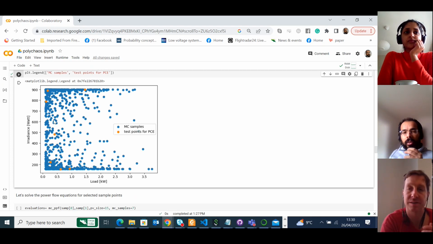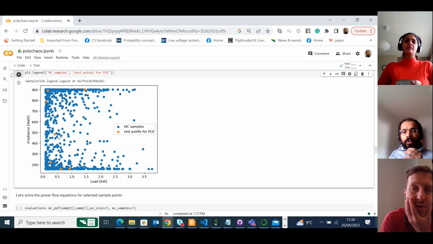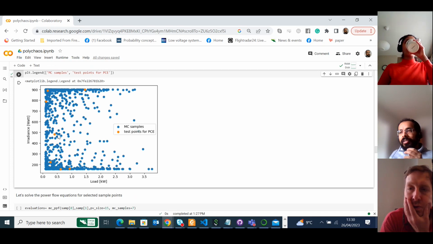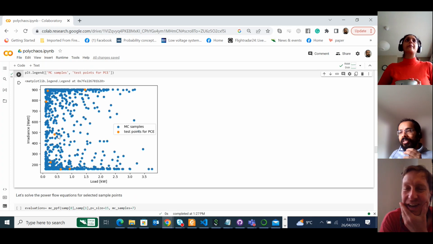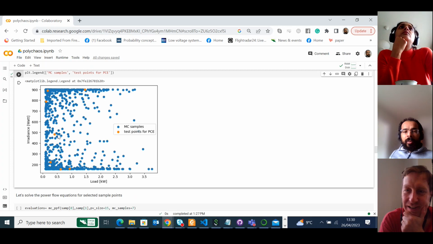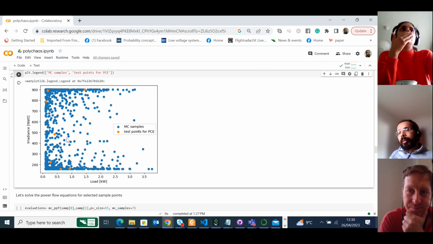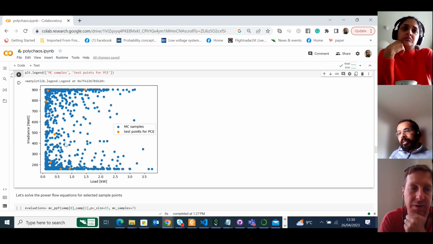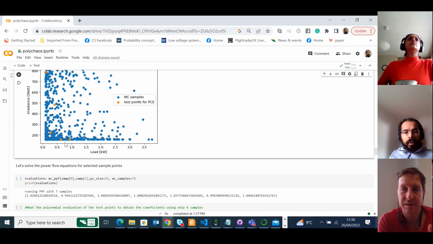I think a Russian scientist generated this sequence around the 60s. It simplifies the Monte Carlo. Sometimes if you need 1,000 samples from Monte Carlo, with this you can be happy with like 100 samples.